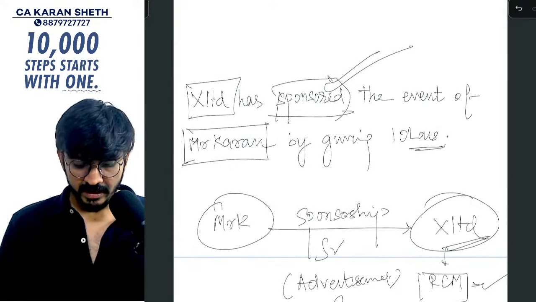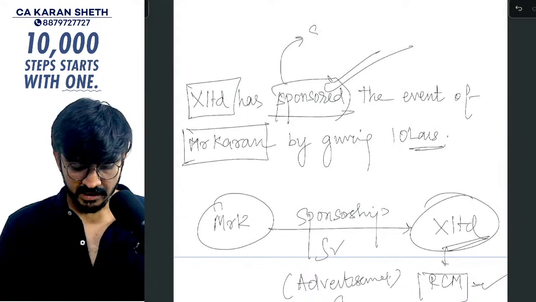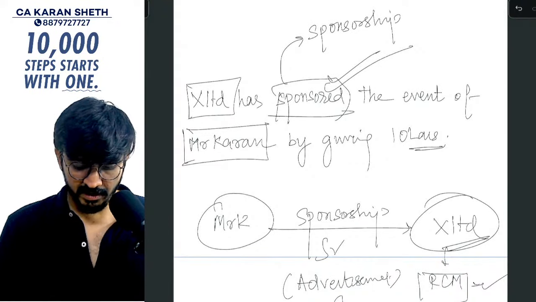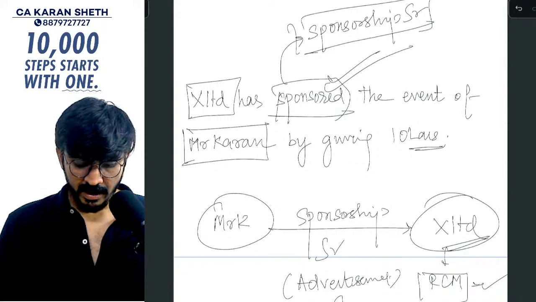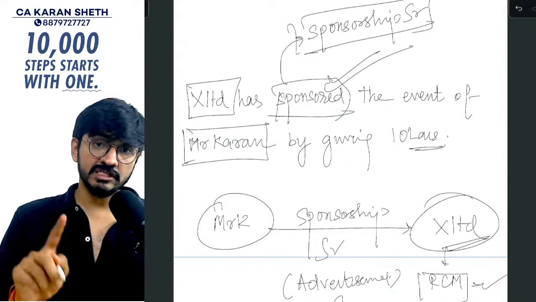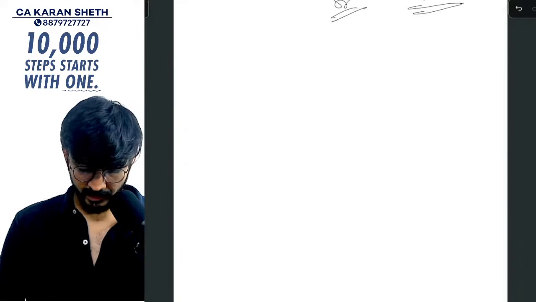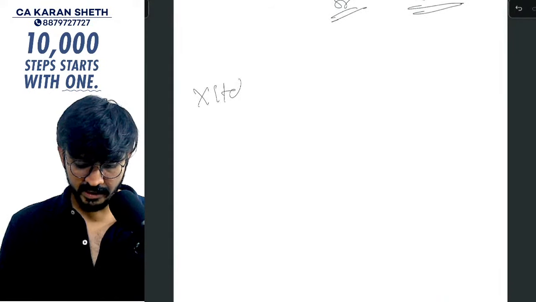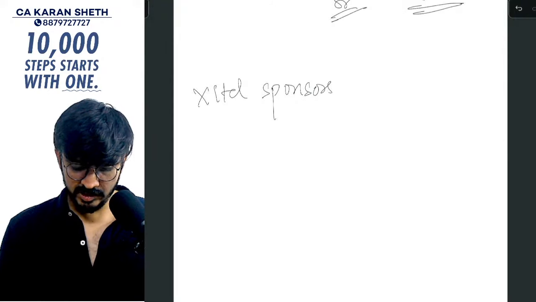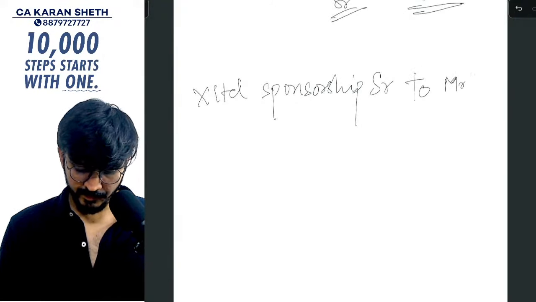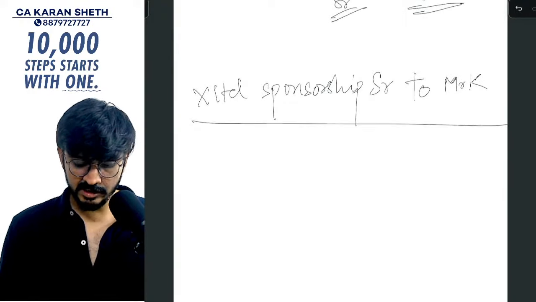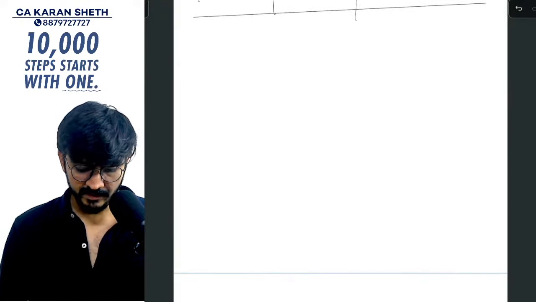But had it been the case where they would have directly told you X Limited has given sponsorship service to Mr. Karan, then the situation would have been completely different.